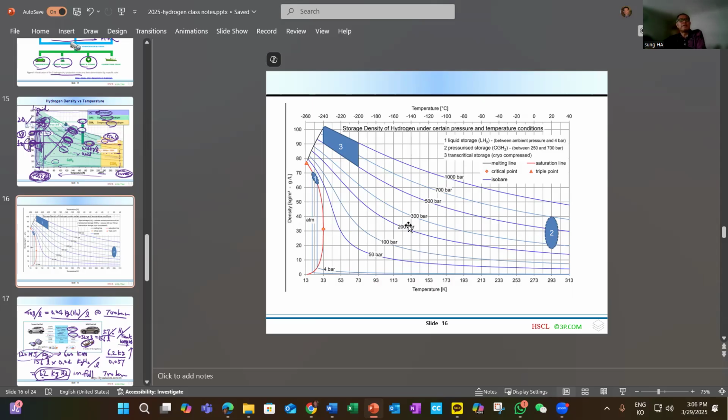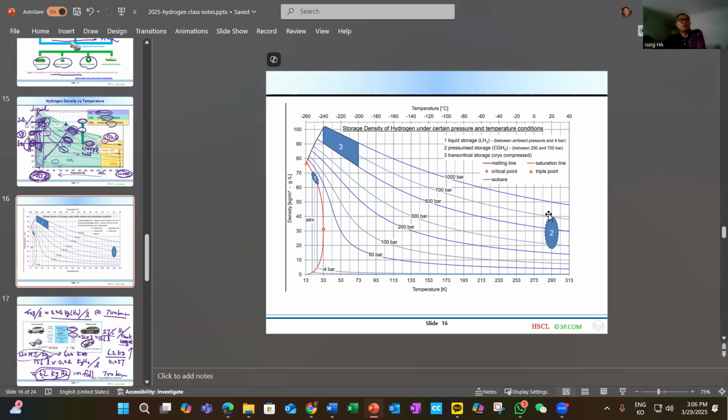Otherwise, if we have almost zero pressure, or 1 bar atmosphere, the density of this hydrogen gas at room temperature will be really low. So that is not an effective way of storing hydrogen. That's why we need a very high pressure gas container.